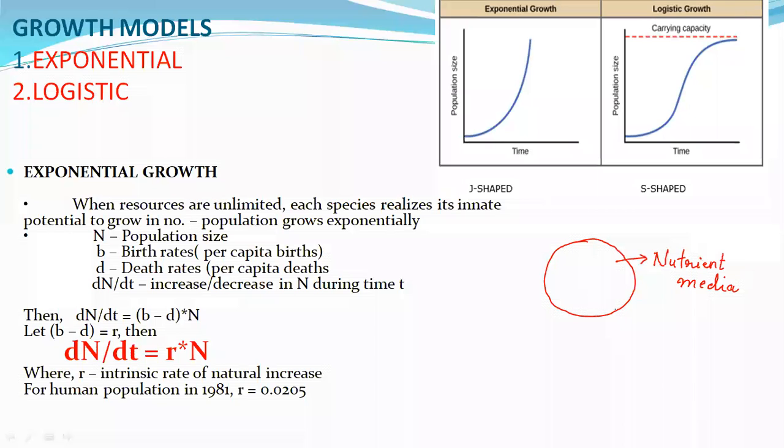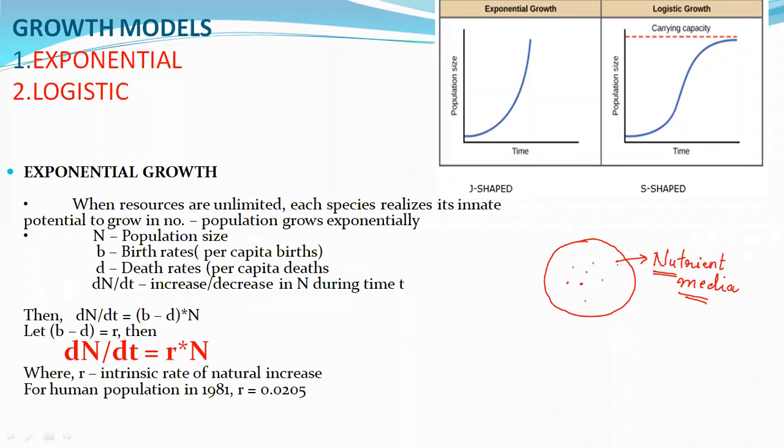So now we have taken this Petri plate. In that Petri plate, we have added this rich nutrient media. So what happens as I have added nutrient media in that, and I put one small inoculum of bacterial growth?